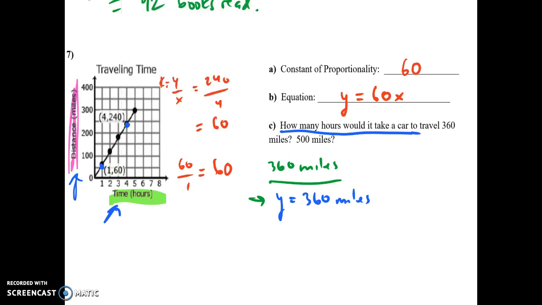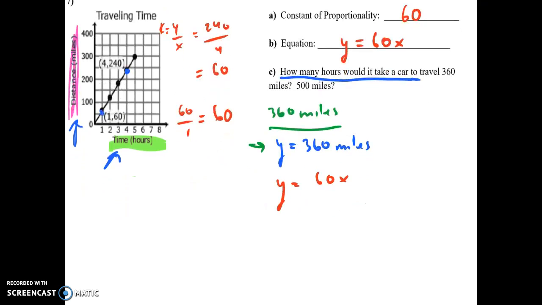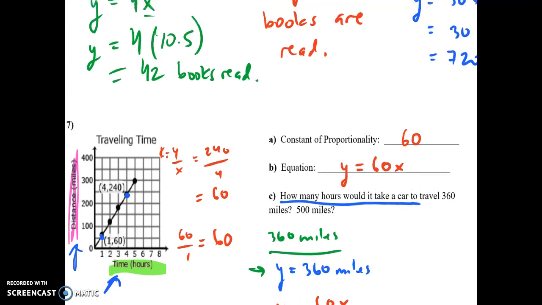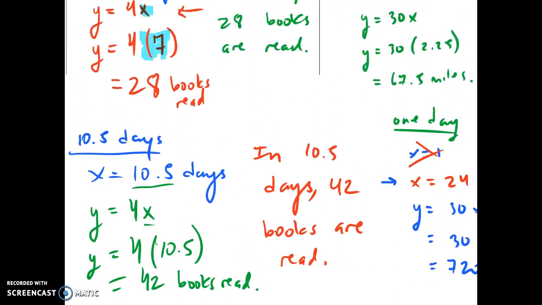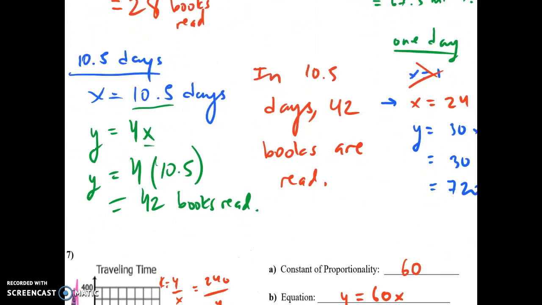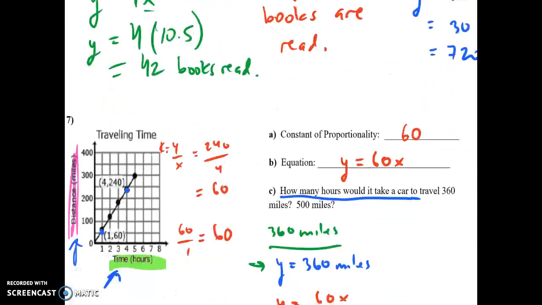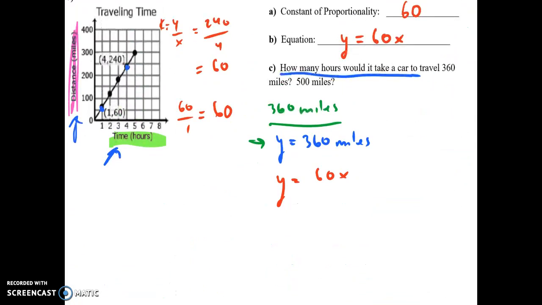Rewrite your equation. Y equals 60x. Now, in the other questions we had x equals some number, so we had to substitute x for that number. In this case, we have y equals, so we have to substitute y. So if y equals 360, we have to replace the y in our equation with 360.